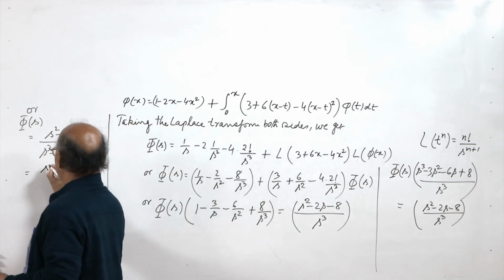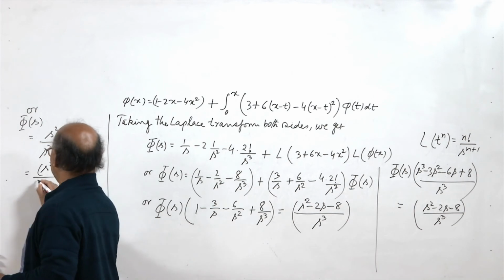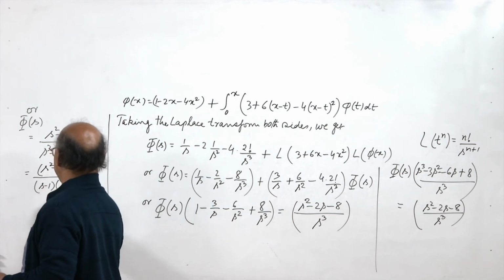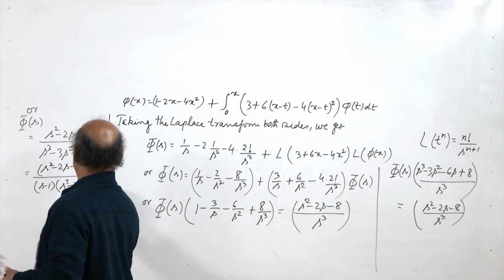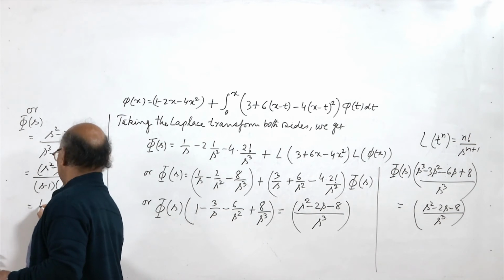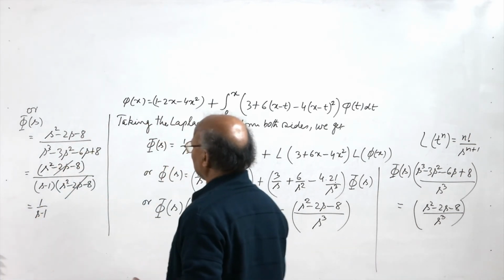So the denominator can be written as s minus 1 into s square minus 2s minus 8. So we can cancel this and we get phi s is equal to 1 over s minus 1.